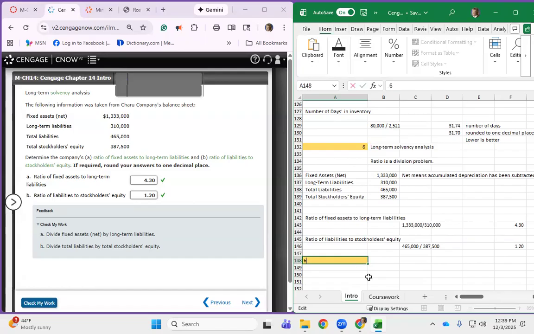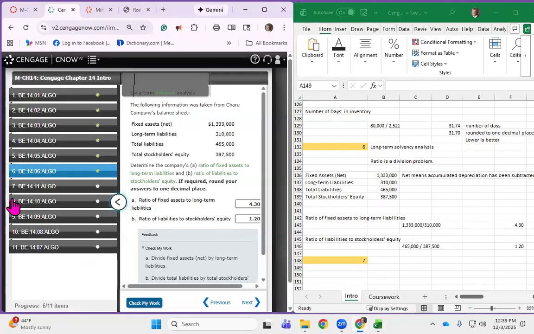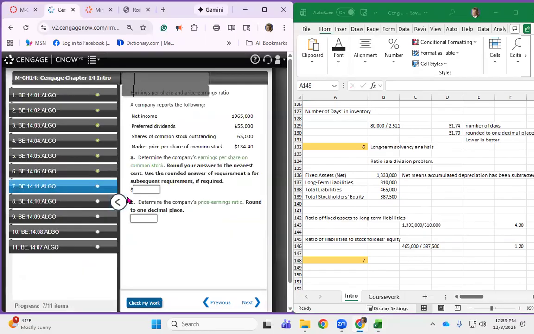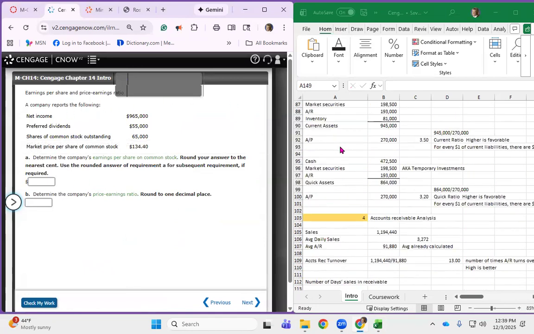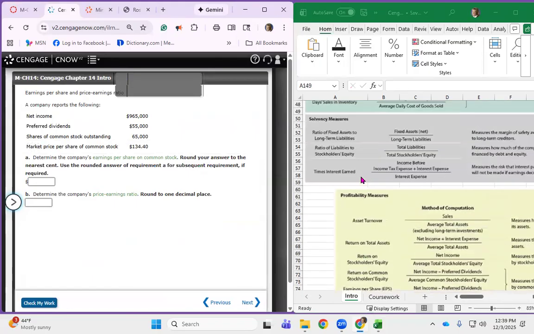Some of these become a little more complicated, but we're going to try to take it one step at a time. So this is now earnings per share. If you go back up and look at our list, by the way, we didn't do times interest earned yet.